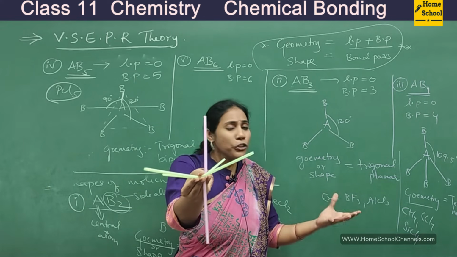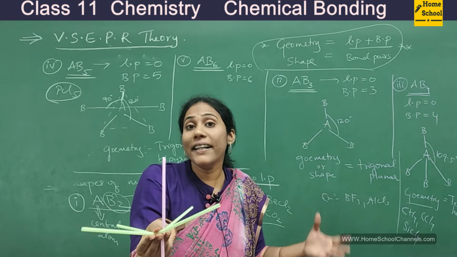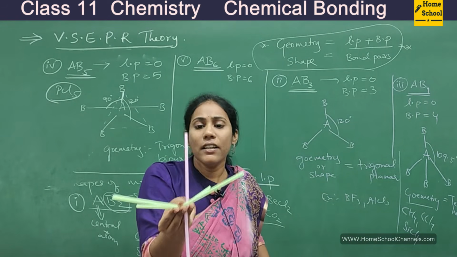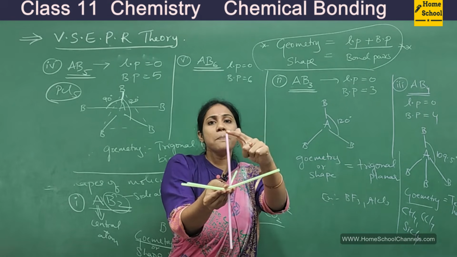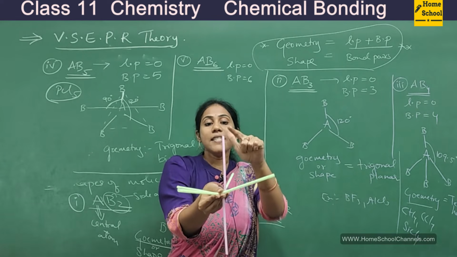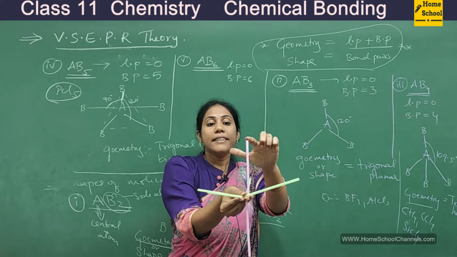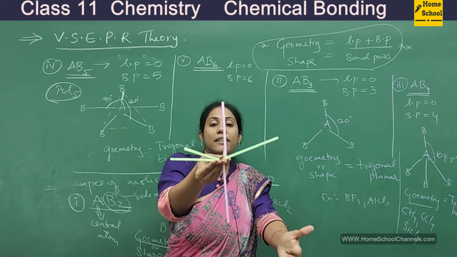So this is the shape of an octahedron. What do you mean by the word octa? It is 8. An octahedron always has 8 sides. So how does this have 8 sides? If I join this pink straw with this green straw, that is one side, this with this, second side, this with this, third side, this with this, fourth side.